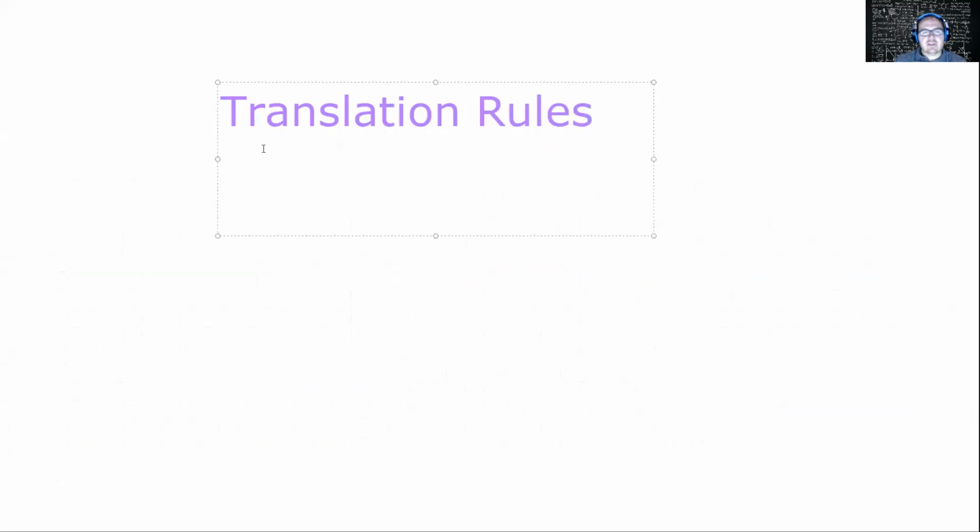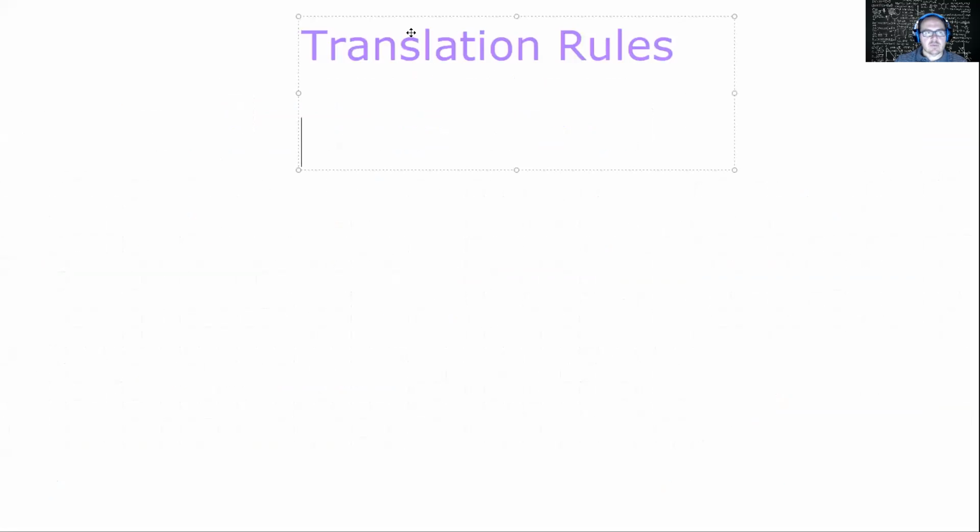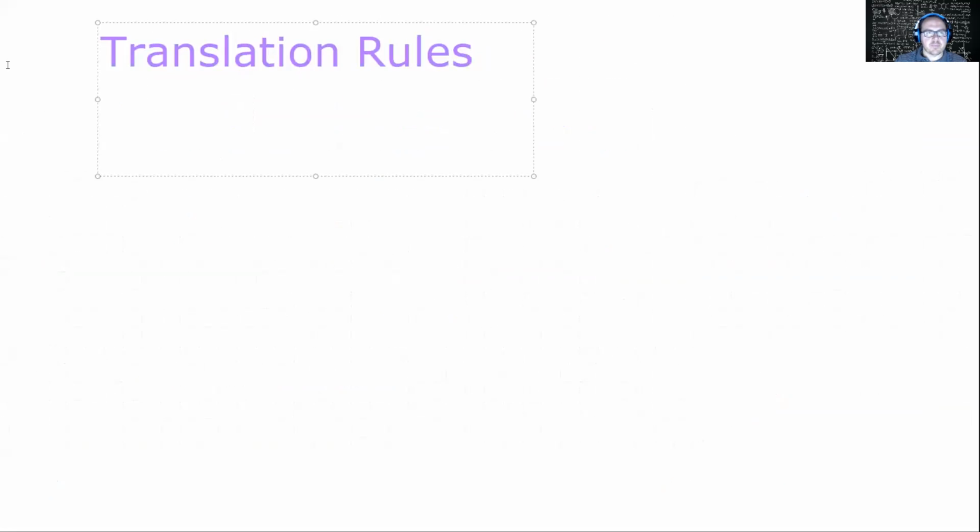So here are the rules. These things you just have to know them, guys. So here are the translation rules. First, you have to know x comes first and y comes second in a coordinate pair.